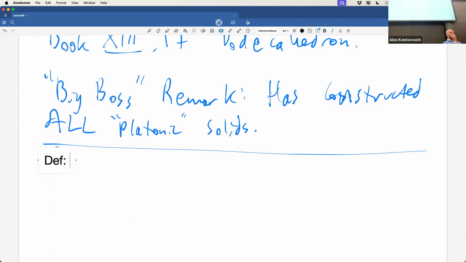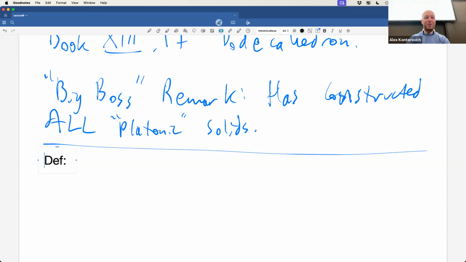Remember, we talked about regular n-gons. What's a regular n-gon? Regular polygon, what does the word regular mean? We were worried about for which n a regular n-gon can be constructed, but we can still define an n-gon for any n.